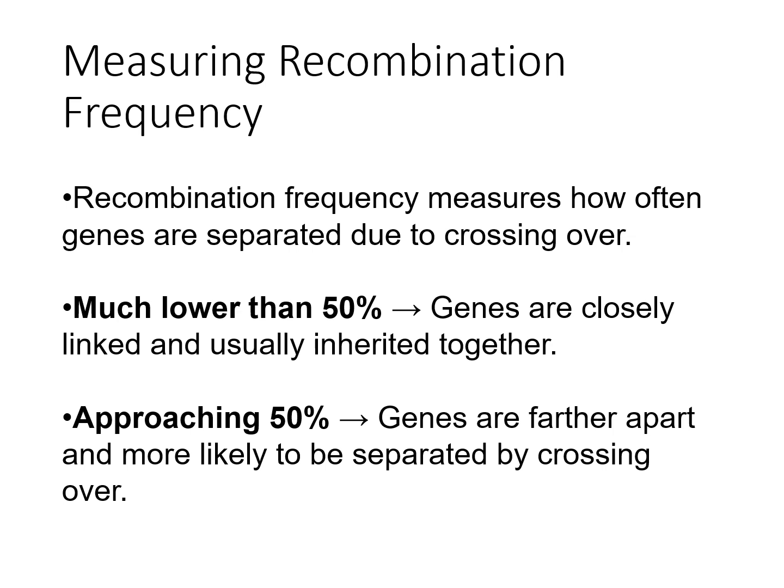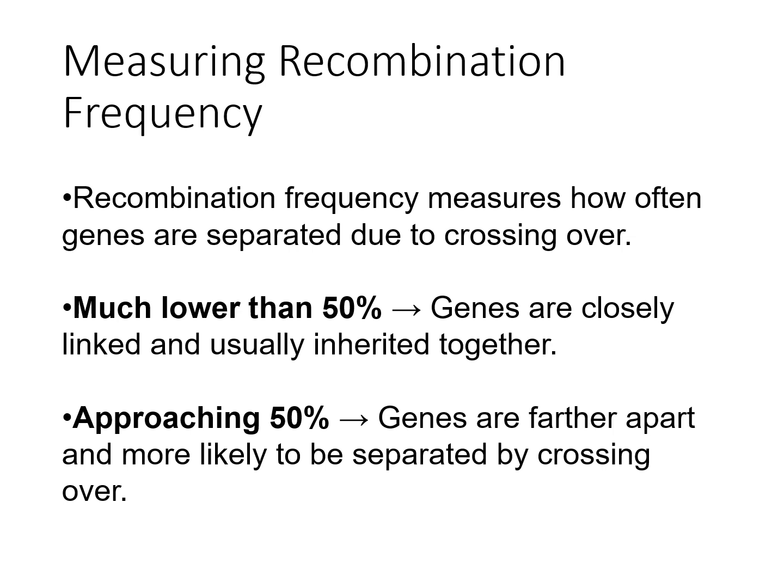Recombination frequency measures how often genes are separated due to crossing over during meiosis. It helps us understand how closely 2 genes are linked on the same chromosome. If the recombination frequency is much lower than 50%, it means the genes are close together and usually inherited as a pair.